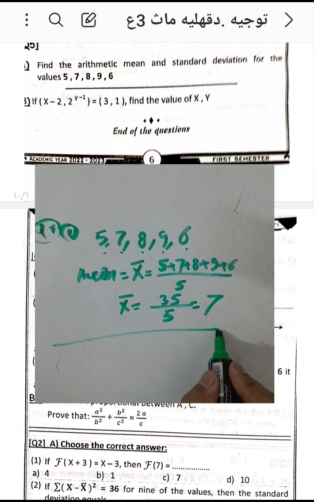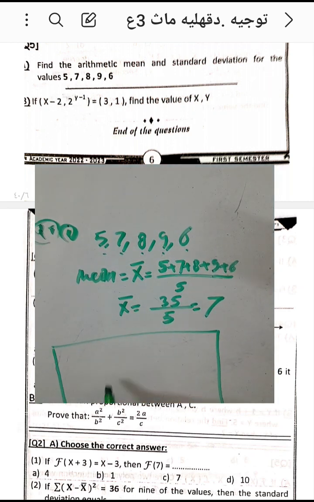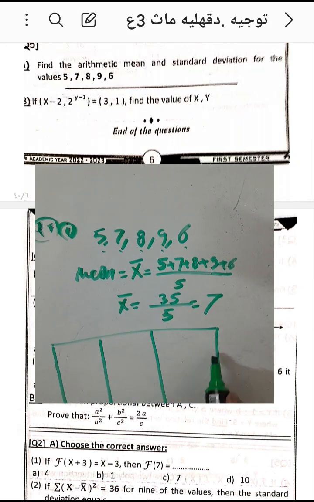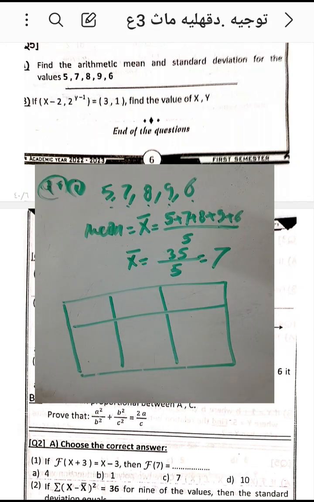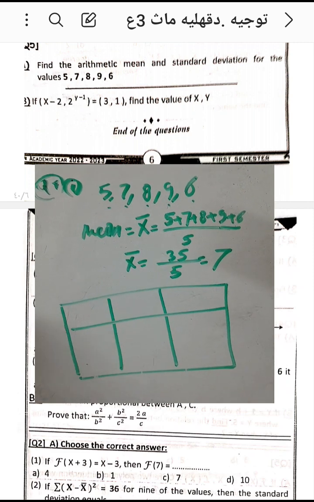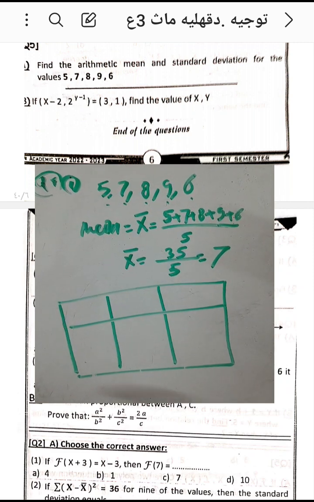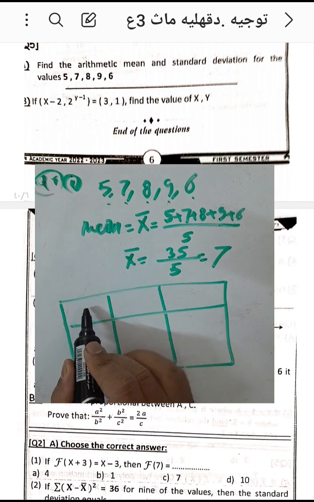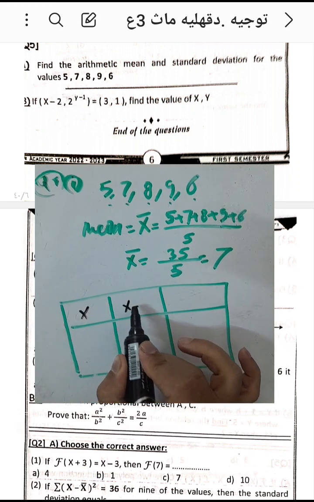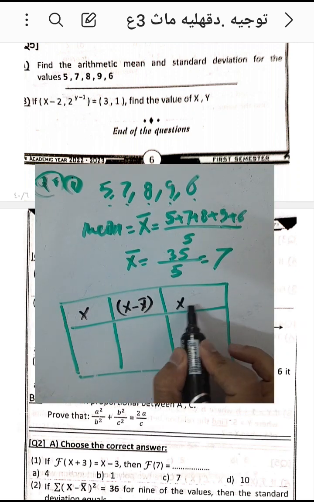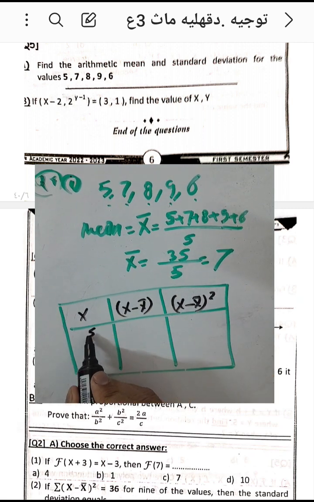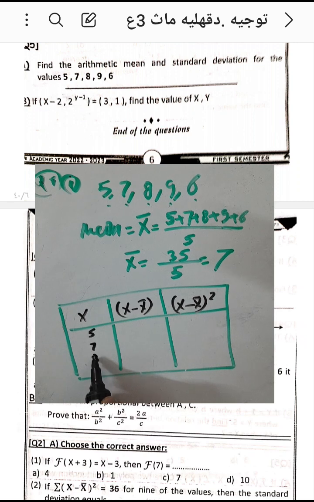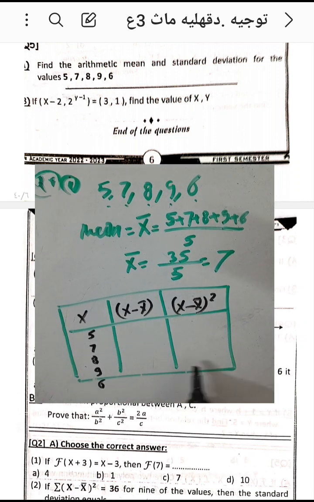And then we can draw the table here and divide it into 3 parts. And then we can write here all values x, and here x subtract x bar, and here x subtract x bar all power 2. We can write 5, 7, 8, 9, and 6.